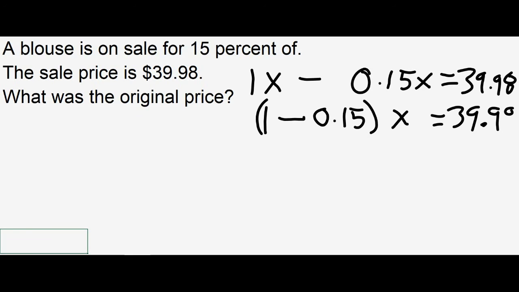And in terms of the story, if you're not feeling comfortable with the math, we're saying we took off 15%. We only paid 85%. So we're taking 100% minus 15%. So we take off 15%, and we're going to pay 85% of the original price.